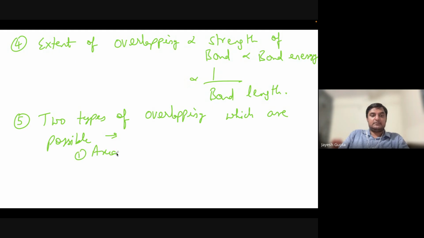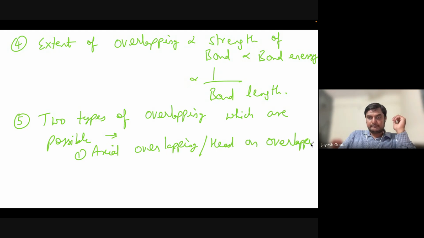Axial overlapping, or head-on overlapping. That is known as sigma bond; sigma is formed.